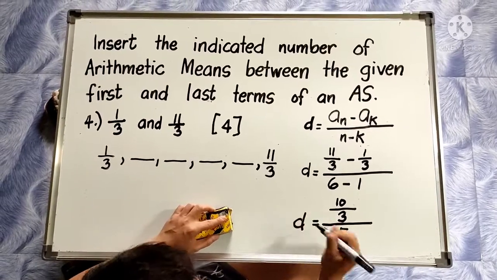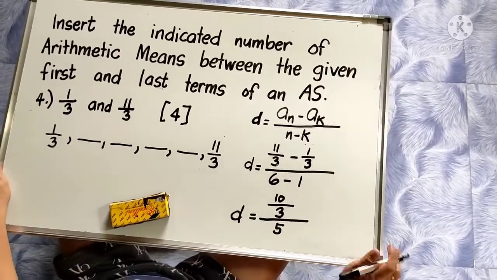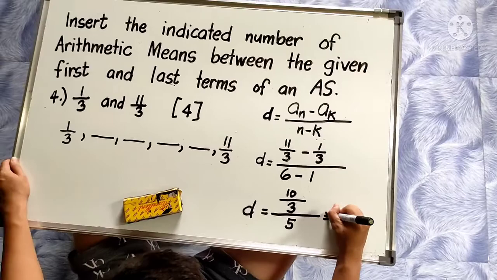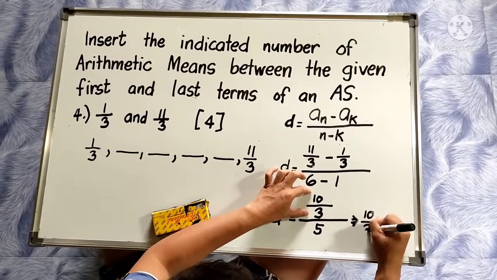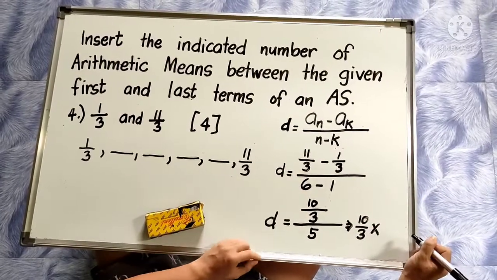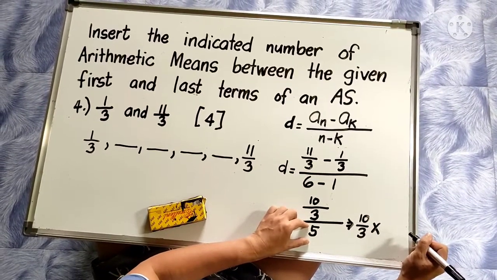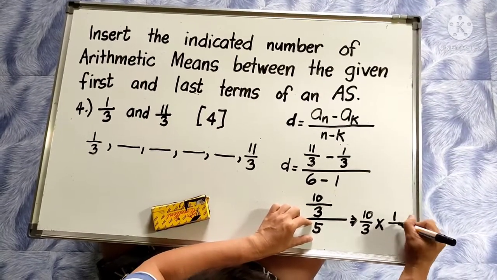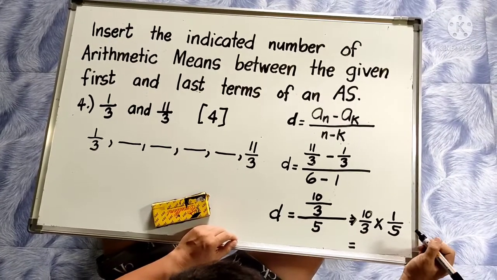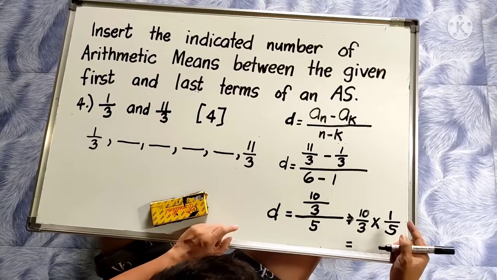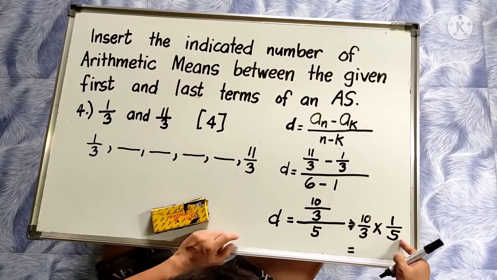So this is our common difference, but this is not yet the final answer, because again, we copy the numerator, 10/3, proceed to multiplication, get the reciprocal of 5. What is the reciprocal of 5? That is 1/5. Now, check if you can apply cancellation. 1 and 3, you cannot cancel. 10 and 5, you can cancel.